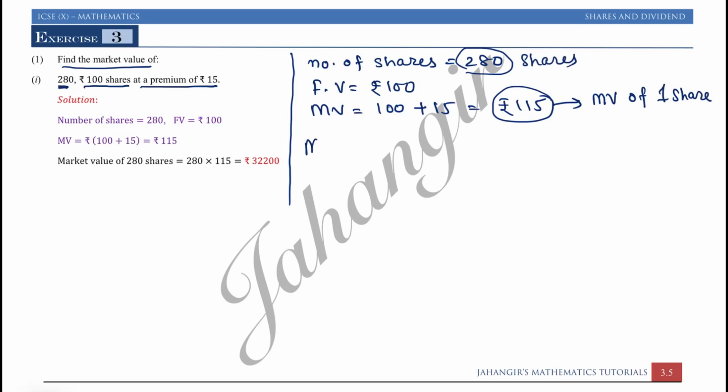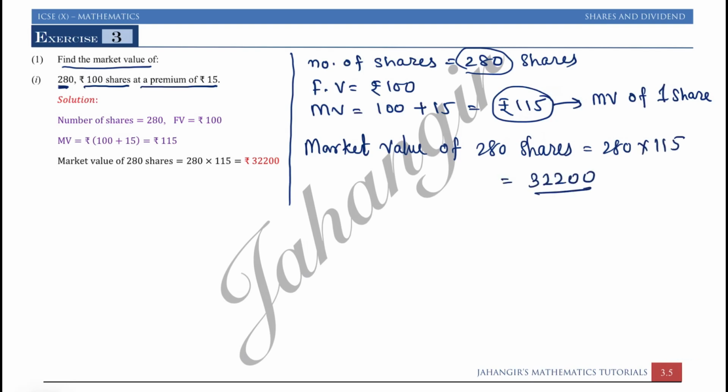So I can write market value of 280 shares is equal to 280 multiplied by 115, that is 32200. You can just calculate and check the value. This is just a very basic question. Here we are finding the market value, or the amount invested, in 280 shares.